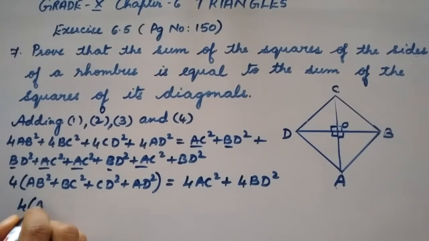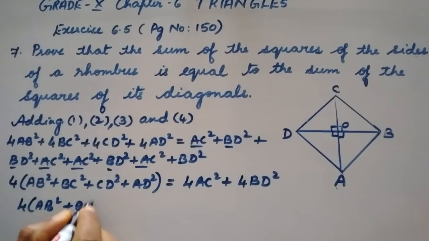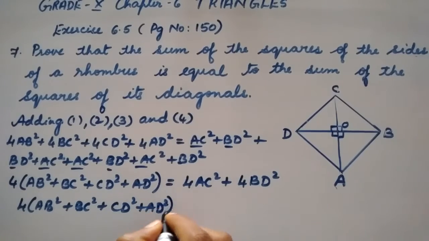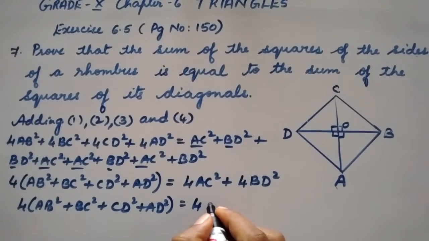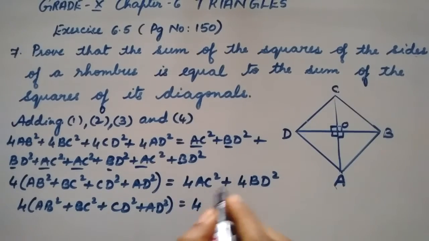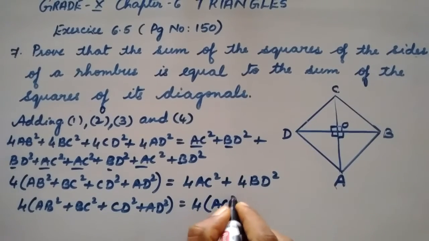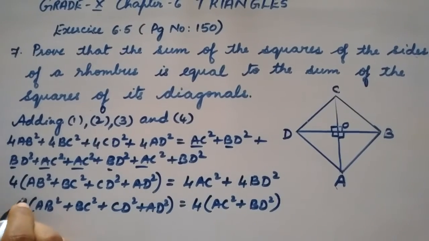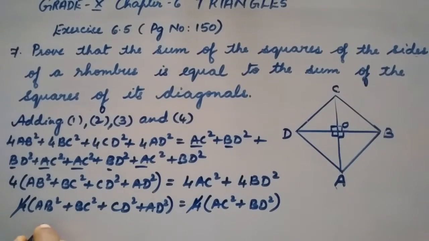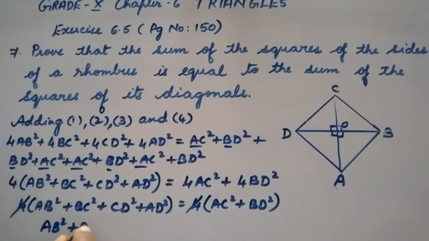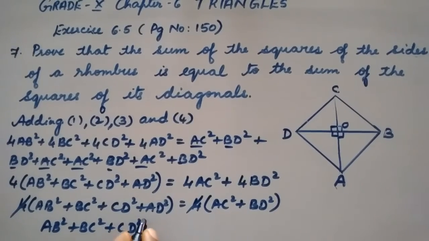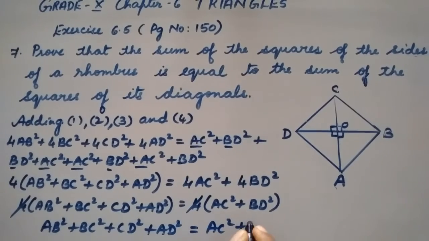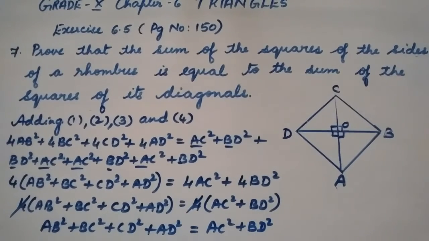So write 4 into AB square plus BC square plus CD square plus AD square is equal to 4. Here what is common? 4. So let us take it out. So AC square plus BD square. So here 4 and 4 get cancelled. So we are left with AB square plus BC square plus CD square plus AD square equal to AC square plus BD square.